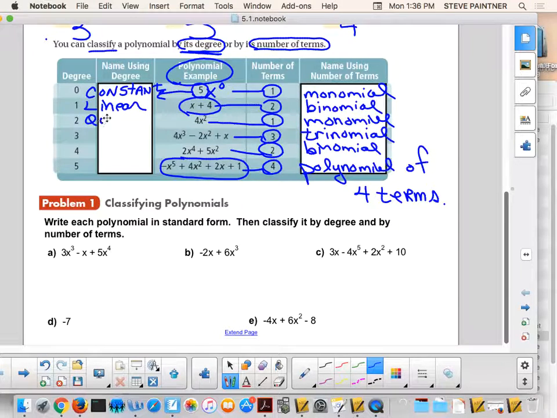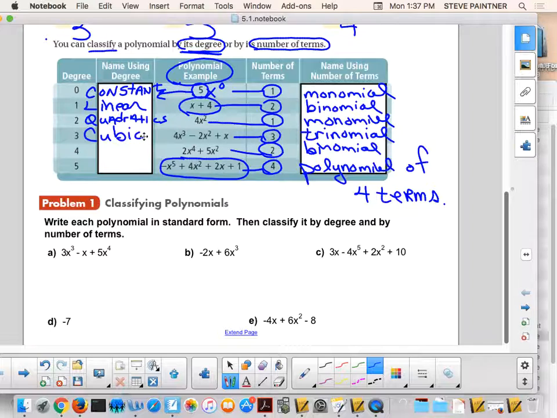This is what you did in chapter 4. Chapter 4, all you did was quadratics. If you see an x cubed, though, it's known as a cubic. X cubed is a cubic function.